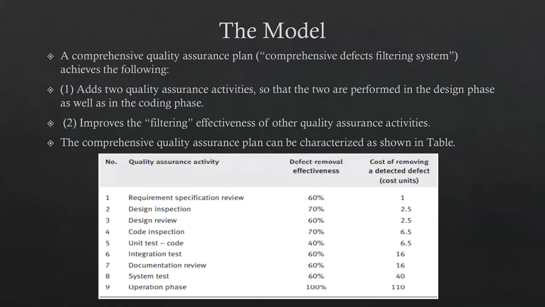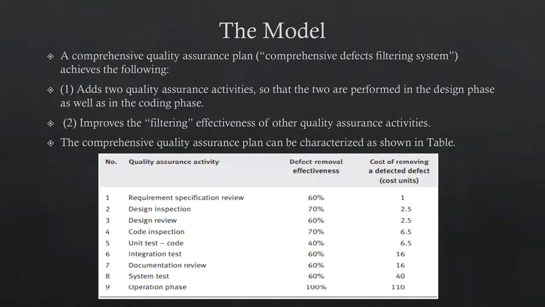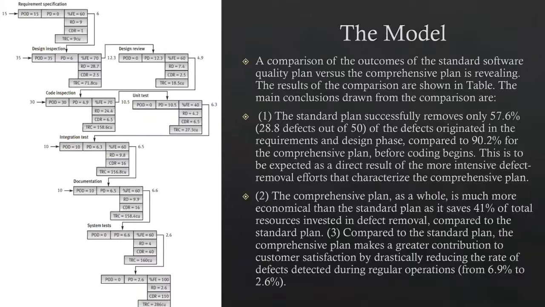Defect removal effectiveness here is 60%, but there you can see 50%. I already combined the comprehensive quality assurance plan and the standard plan. I will show you the table later, and I will explain it in detail.